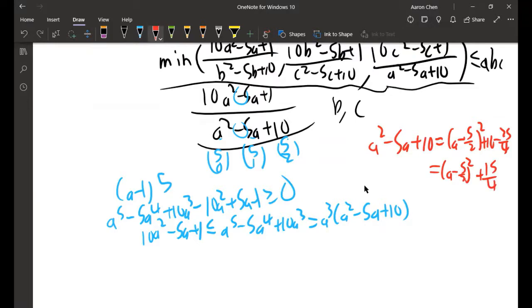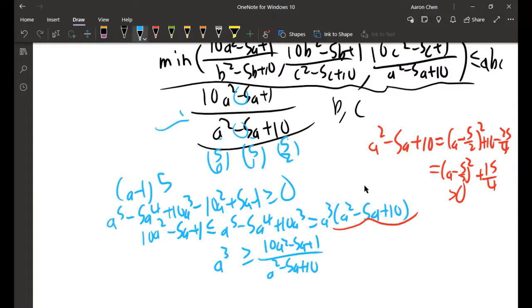And this is clearly greater than 0 by the trivial inequality. And so that means that we can divide both sides by this. And so what we get is that a cubed is at least 10a squared minus 5a plus 1 over a squared minus 5a plus 10.